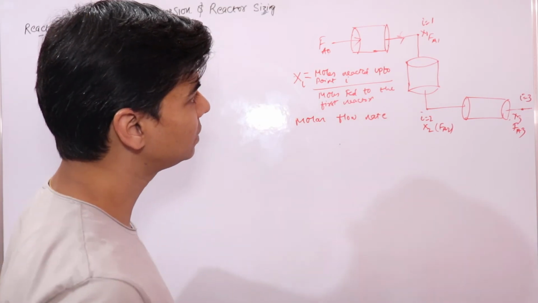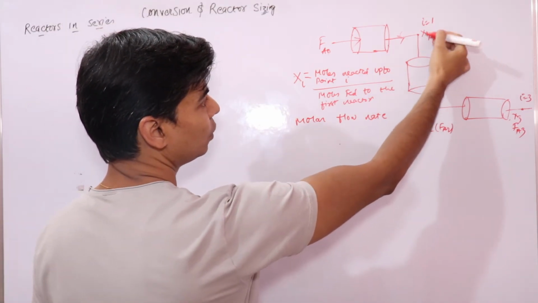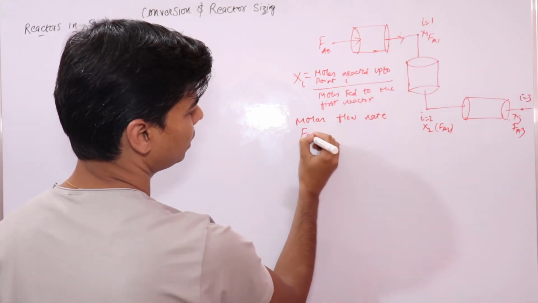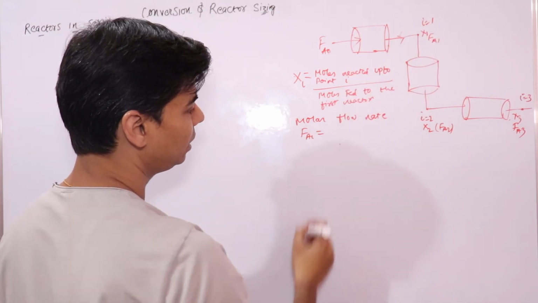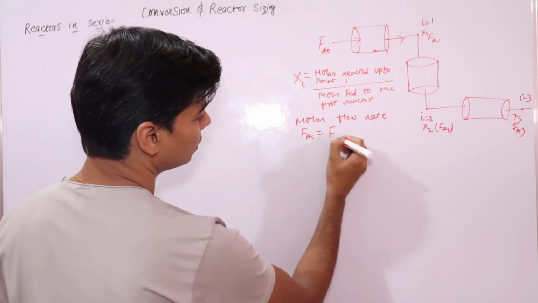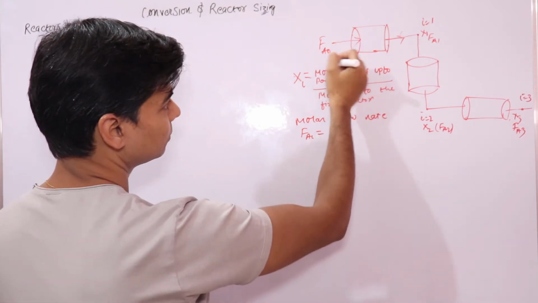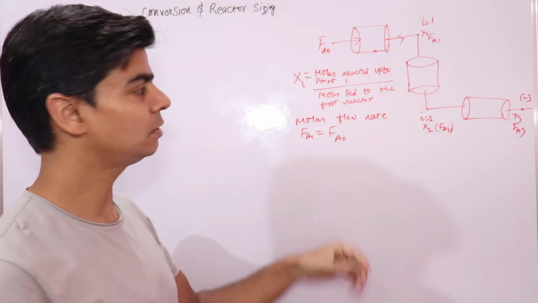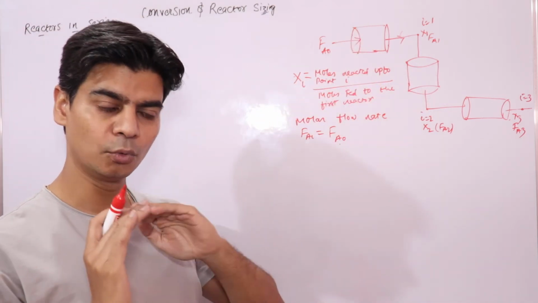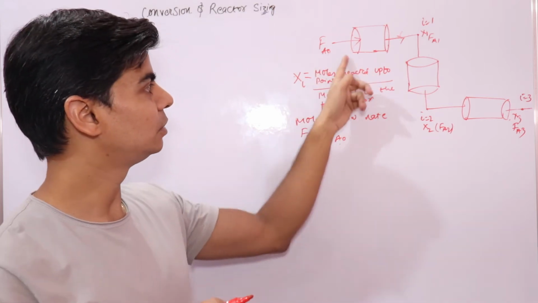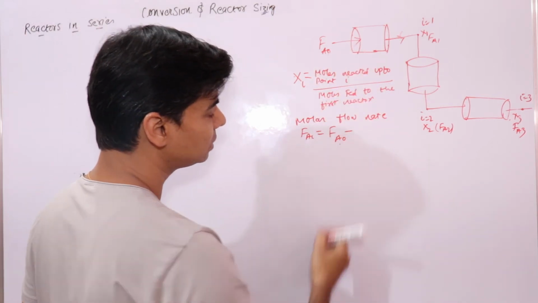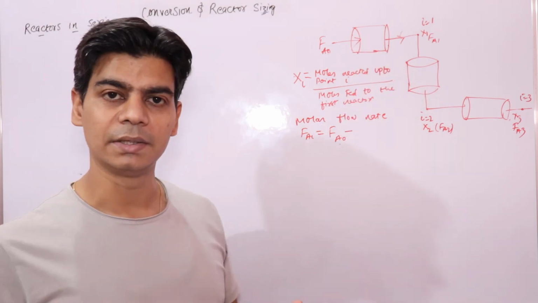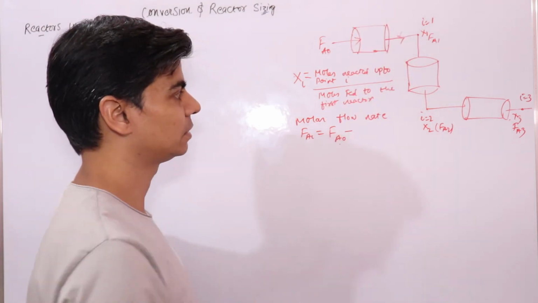Molar flow rate is, suppose I want to find the molar flow rate at any point, say at this point, at any point i, FAi would be the molar flow which is fed to the first reactor minus what is reacted inside the first reactor, right?